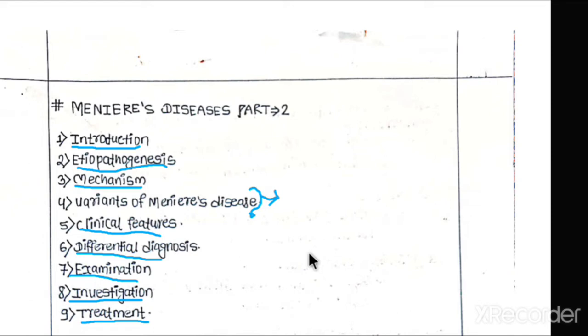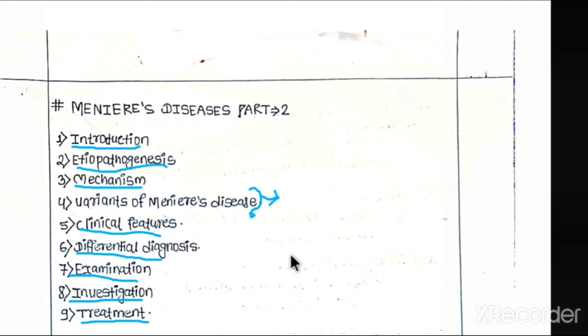Before starting differential diagnosis, examination, investigation and treatment, we will just have a short review on Meniere's disease, which we have already discussed in part 1. That is slight anatomy and its mechanism, how the triad of symptoms like vertigo, sensorineural hearing loss, tinnitus, aural fullness occur in Meniere's disease.